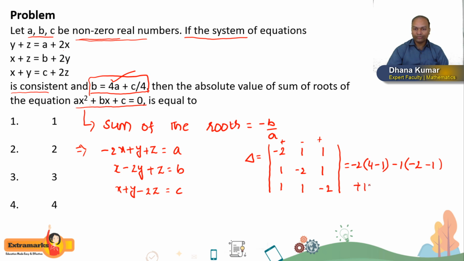Plus 1 into, neglect this row and column: 1 ones are 1, 1. Simplification: minus into minus plus 2. So that is equal to 4 minus 1, 3. 3 twos are 6. So minus 6. Here, minus 2 minus 1, minus 3. Minus into minus plus 3. Here also plus 3. Minus 6 plus 6. Answer is what? 0. Okay, the answer we got is 0.